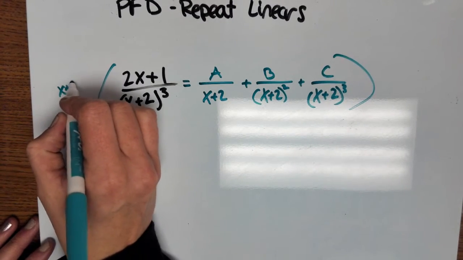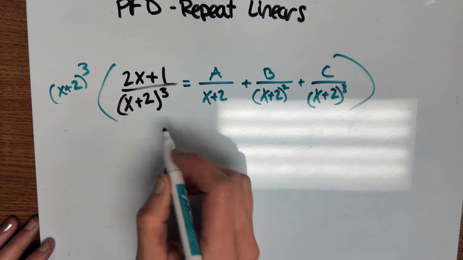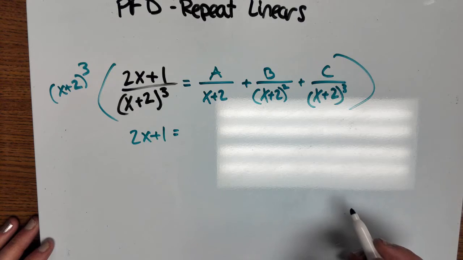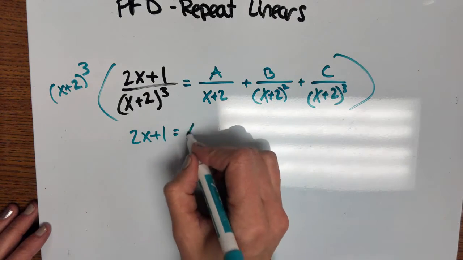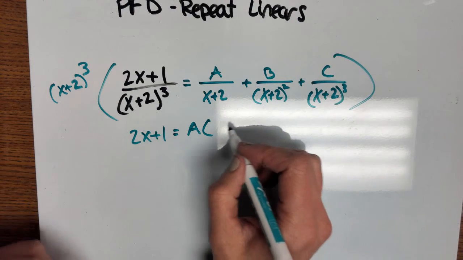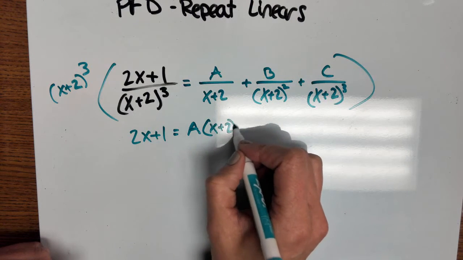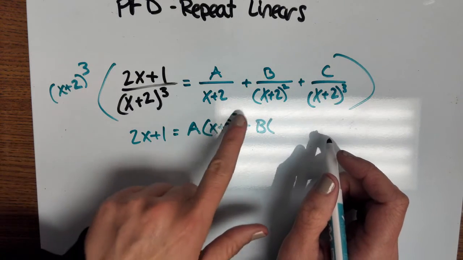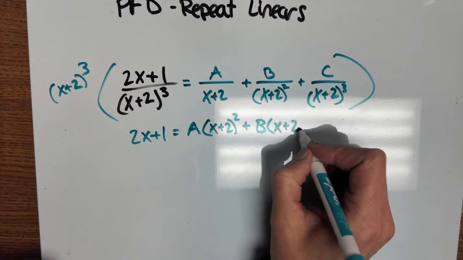Then the next step, same for every partial fraction, is to clear my denominator, clear my fraction. So we're going to multiply by x plus 2 cubed. That's going to leave 2x plus 1 on the left side, and then on the right we're going to have my a. Well, there's an x plus 2 in the denominator, 3 in the top, 2 will be left over. Then my b times, we've got 3 on the top, 2 on the bottom, we have 1 of those left over.